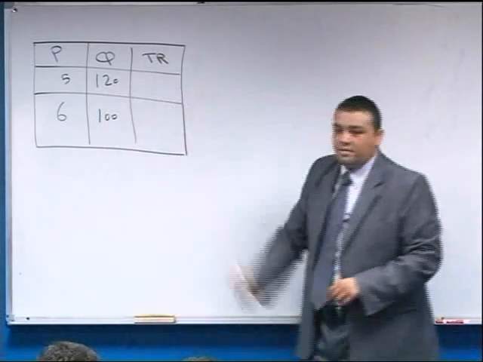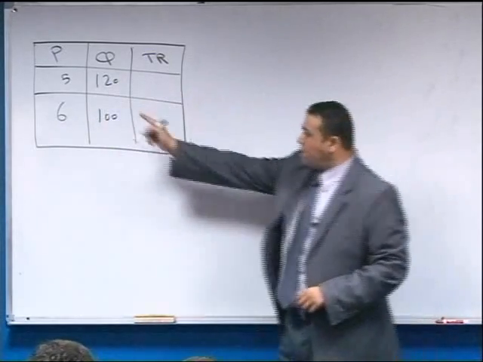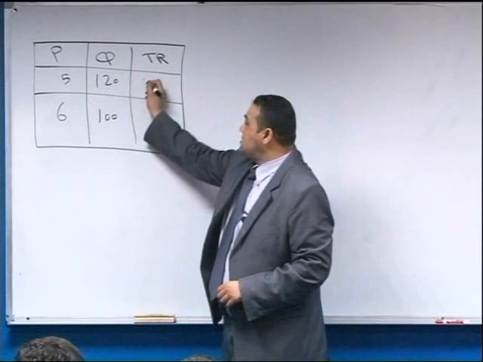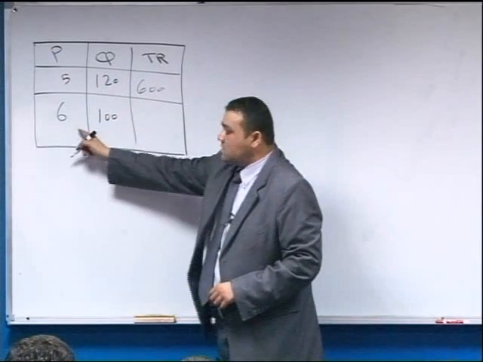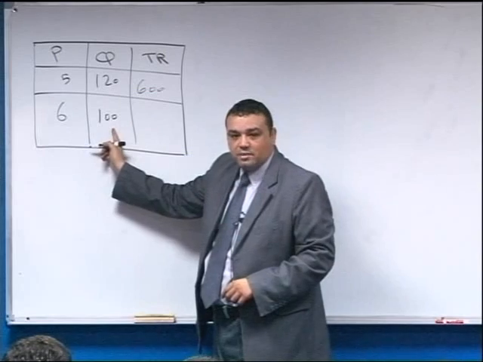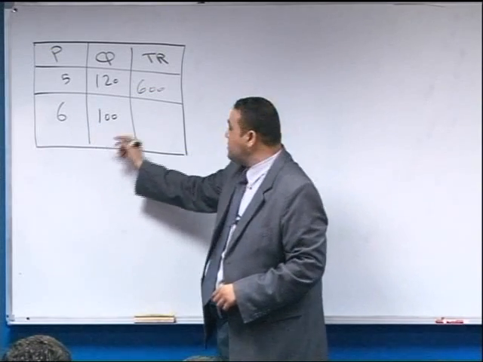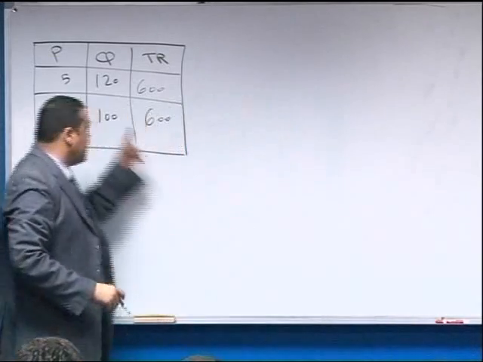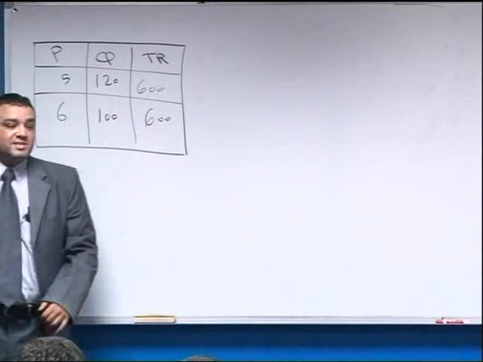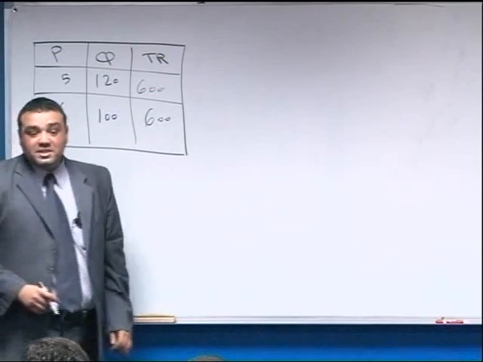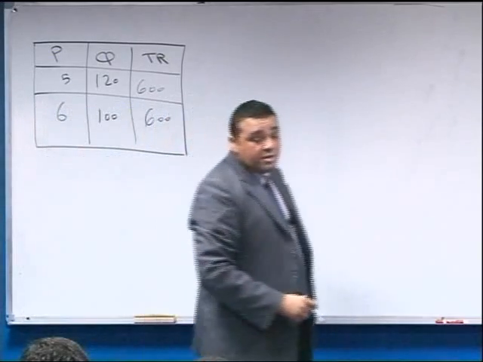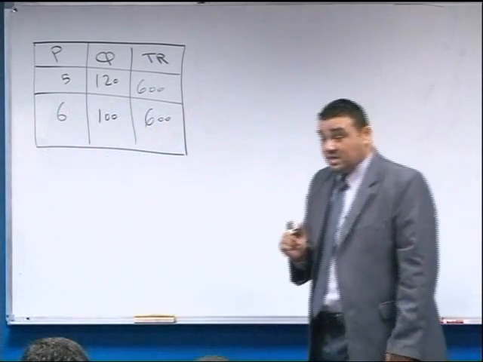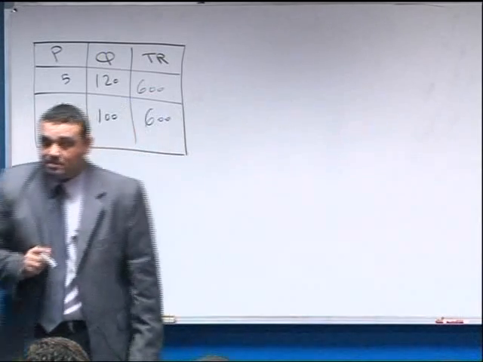Total revenue 1 equals price 1 times quantity, 600. TR2 equals 6 times 100, 600. There is no change. When the price increased, total revenue does not change. This means the demand is unitary elastic.